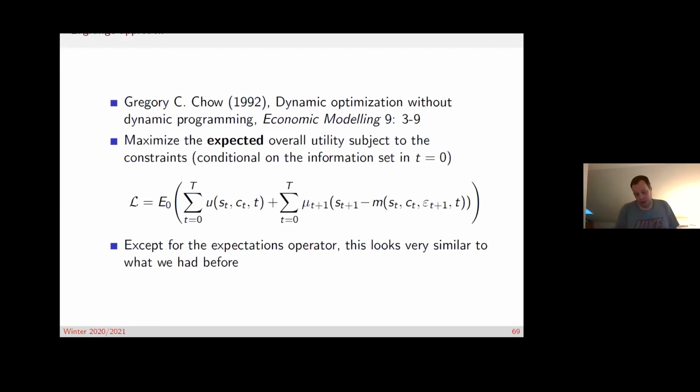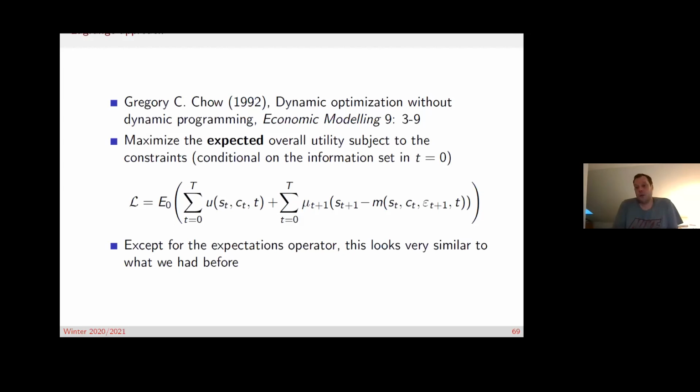Because you choose your control sequentially, okay? So at every point in time, you have an information update and are able to choose the control given the then available information. Suppose this would be the optimal consumption problem that we talked about.